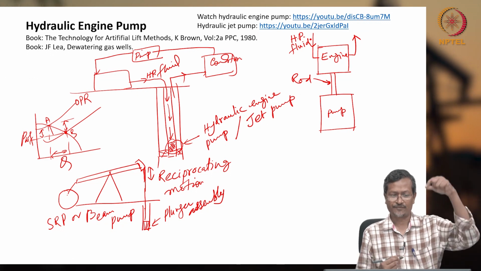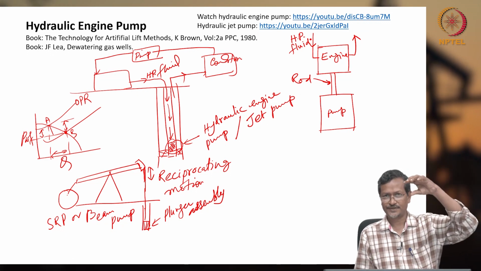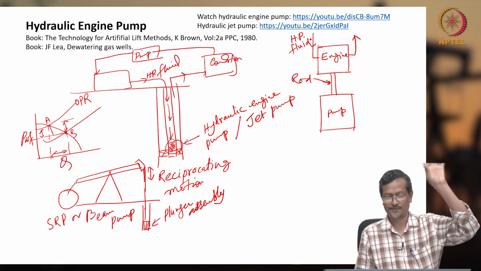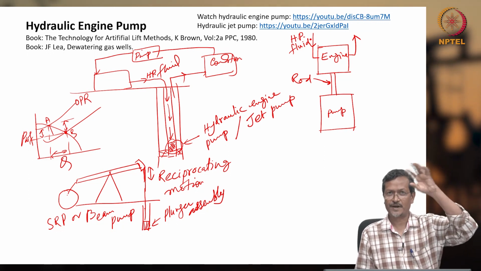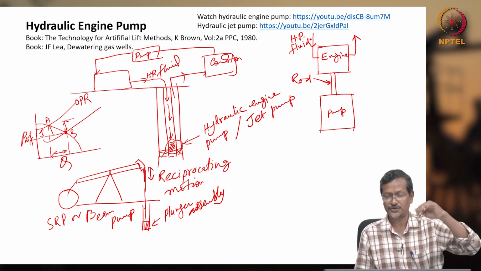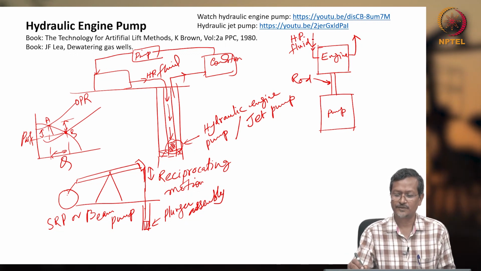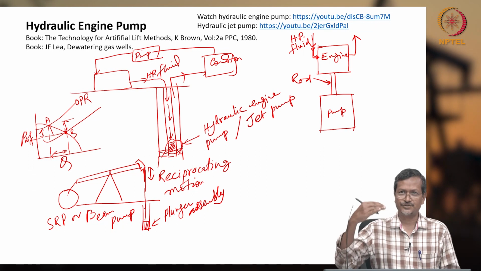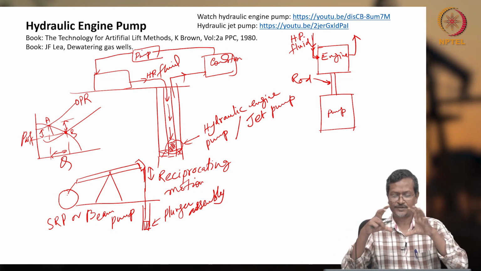You are pumping it from the surface. I already told you that on the surface there is one high pressure pump, and duplex, simplex, triplex, different types of pumps are there. Normally a multiplex pump will be used to create high pressure. You pump that high pressure through this pipe, maybe the annulus or tubing, or you can also insert a separate tubing. That will run your engine, a certain type of engine, which I will explain later.